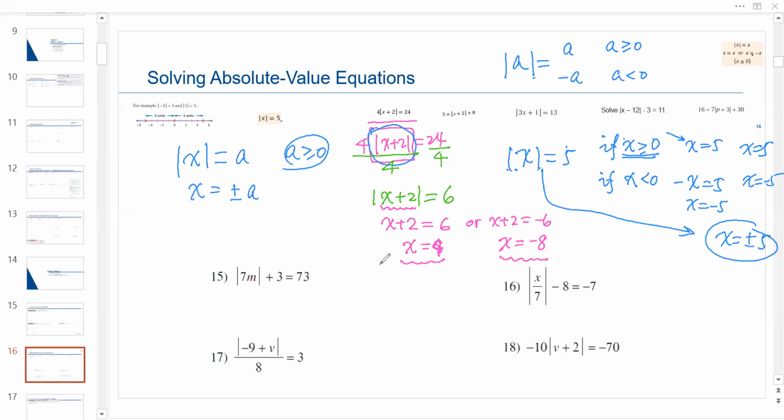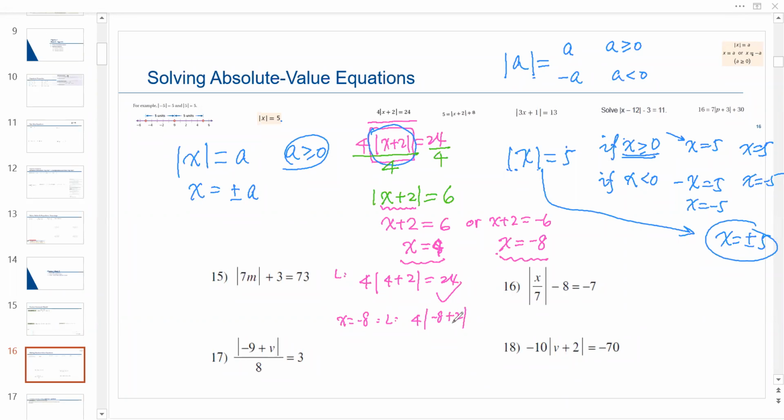You can put them back to check. What about the left part for 4? This is 4 plus 2, so the left part equals 4 times the absolute value of 6, which became 6. 4 times 6 equals 24, and the right part is 24. Makes sense. So this is a solution. What about when x equals negative 8? The left part looks like 4 times the absolute value of negative 8 plus 2.